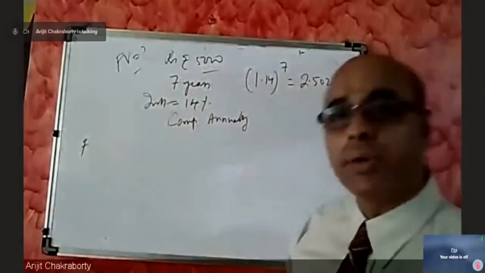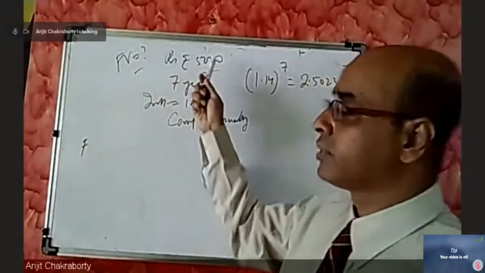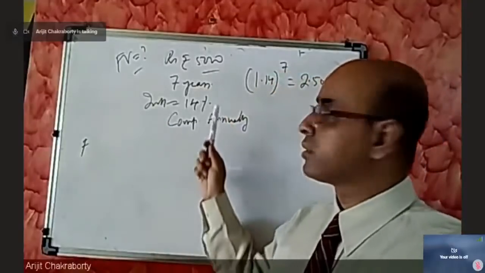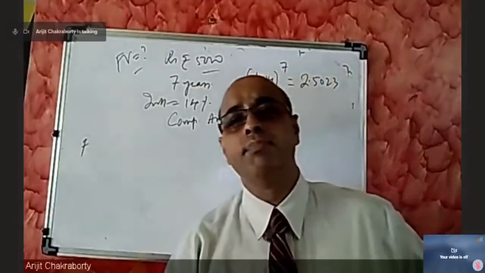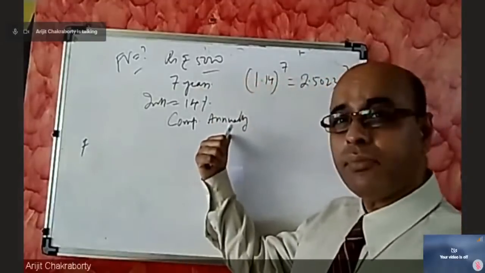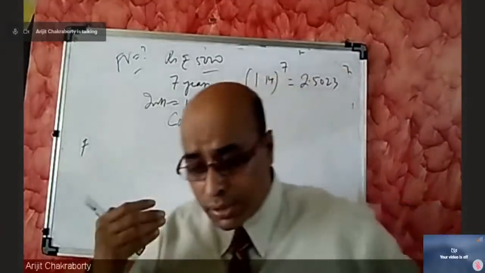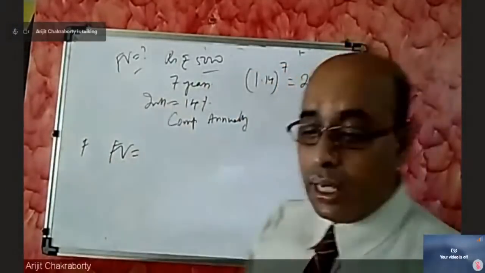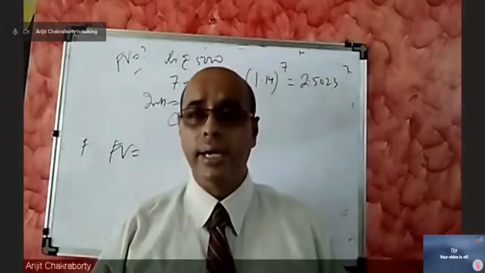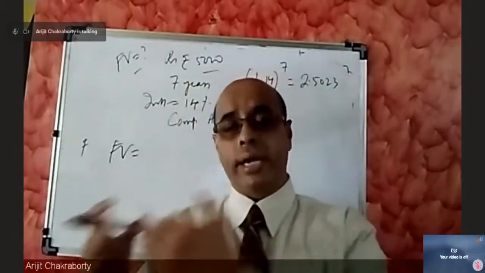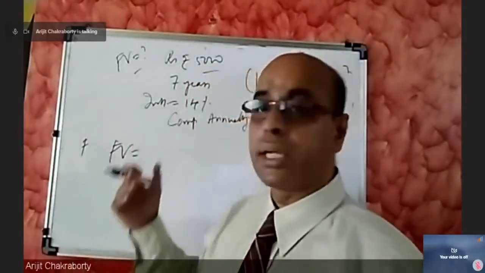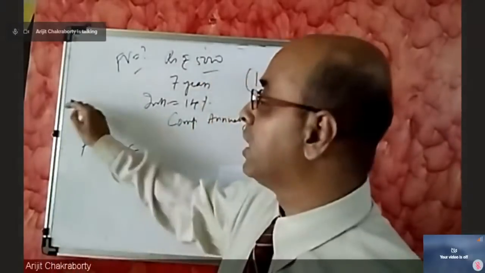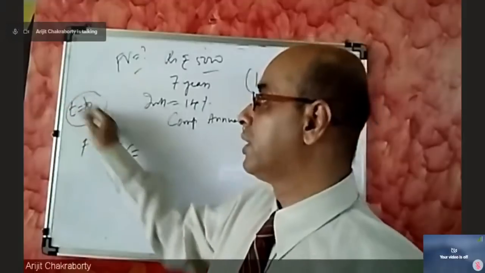In this example, quick review, the cash flow is 5,000, duration is 7 years, interest rate is 14%, and it is compounded annually. Now, we know that the future value of the annuity, this is an annuity regular. It is being assumed that the payment is made at the end of the period, because the question does not mention that you are receiving the money in advance, or when time equals 0.